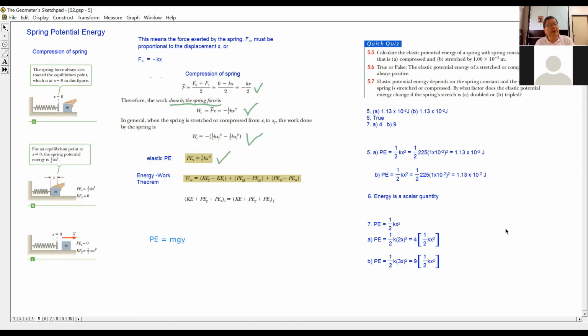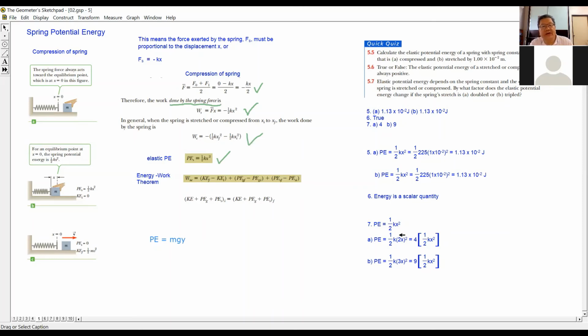So we're going to use calculation to show the relationship. Okay, so let's say the first case, we are stretching it over a distance of x. So it will be half kx squared. Fine. Now in part A, when it is doubled, we have half k, and instead of x, now we have 2x.